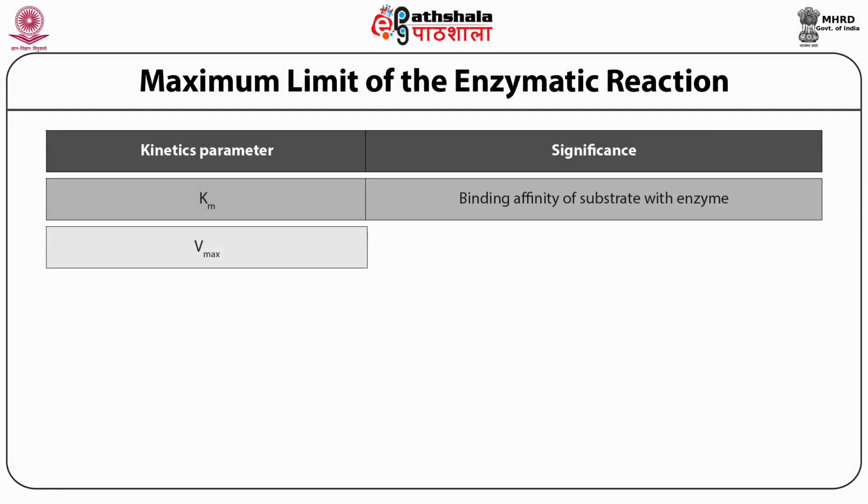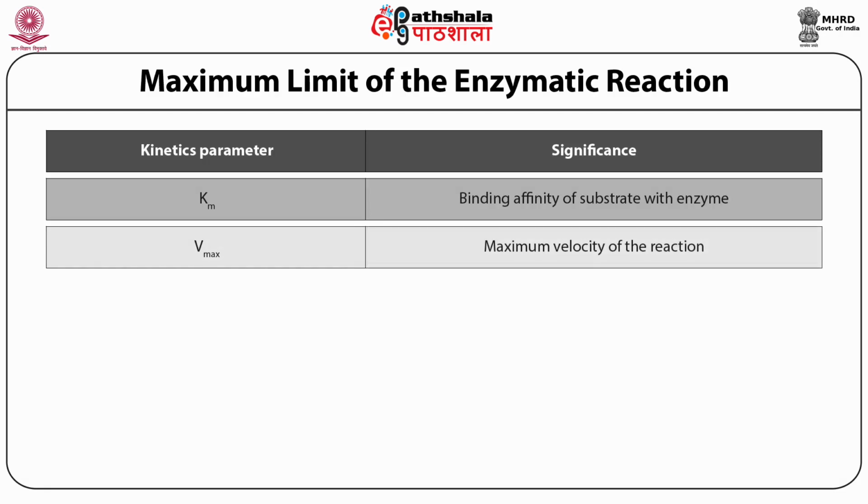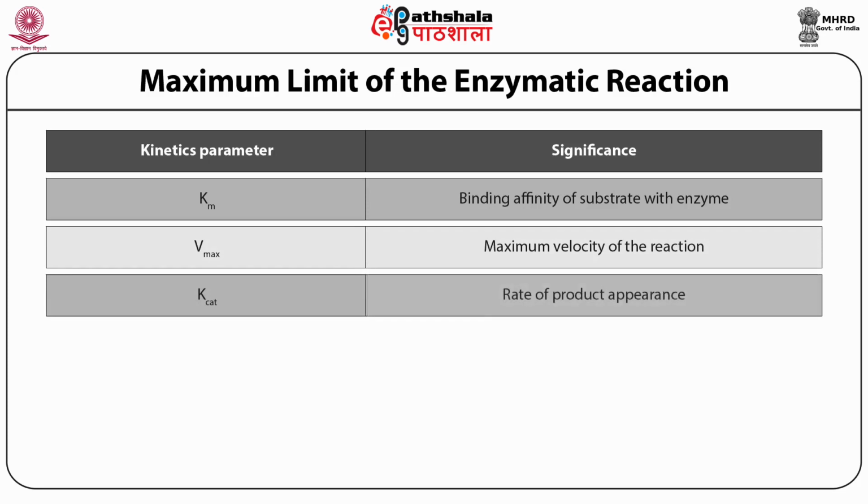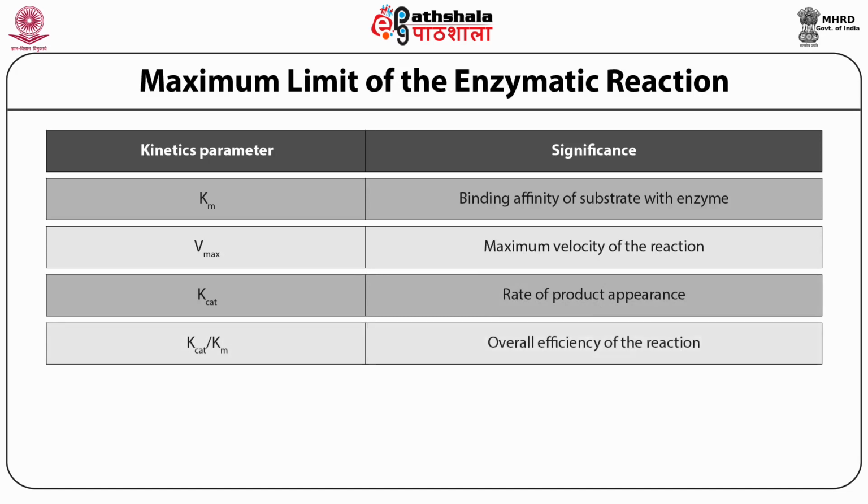Vmax gives information about the maximum velocity of the reaction. Kcat gives information about the rate of product appearance, and kcat by Km gives information about the overall efficiency of the reaction. So if you know these four kinetic parameters, that will help you understand the process of enzyme kinetics.